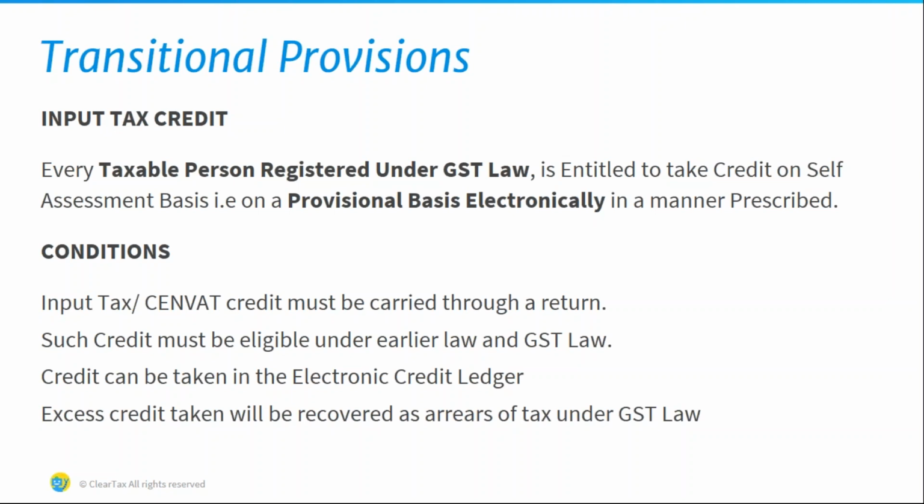And if you talk about the existing credit, today you must be having certain credit under VAT law, or maybe under service tax you may have some standing credit. There are certain conditions specified by the government to carry forward such credit under the GST regime. So what are these conditions?